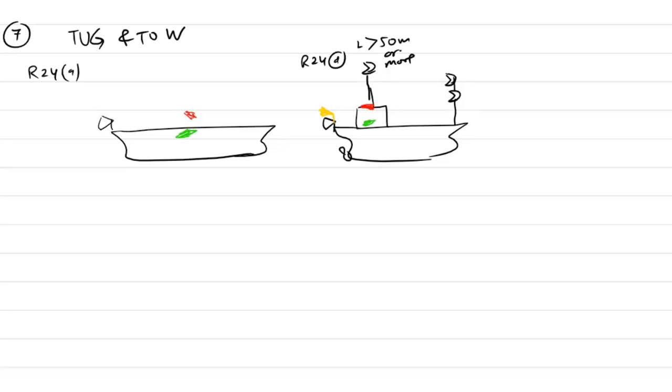Remember, if the length of the tow exceeds 200 meters, where do you take the length of the tow from? Suppose this is a rope. Sir, from the stern of the tug, from the second one. Correct. So this is the length of the tow.